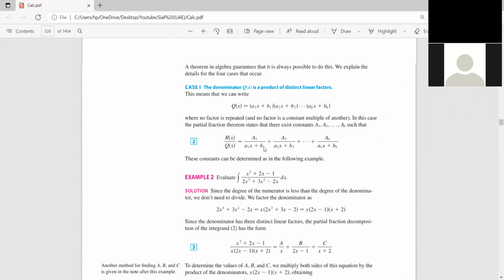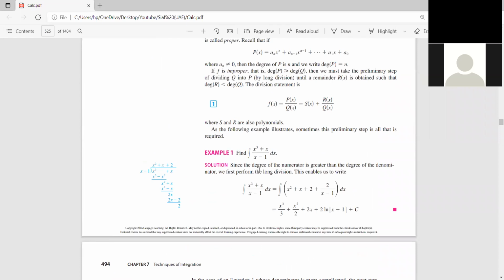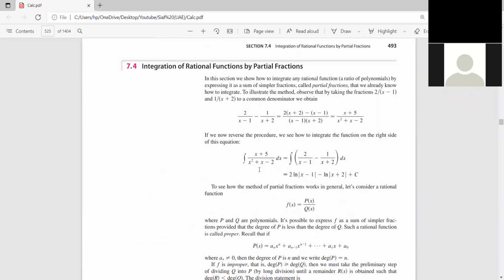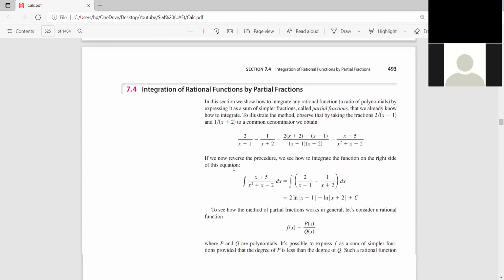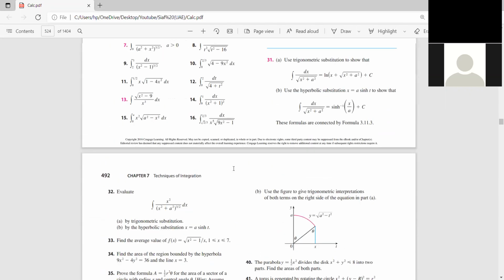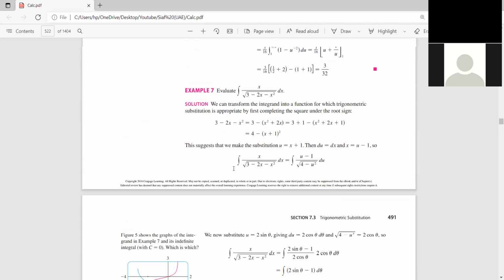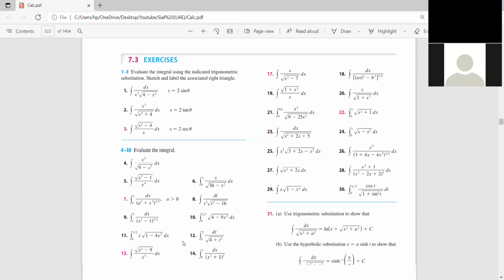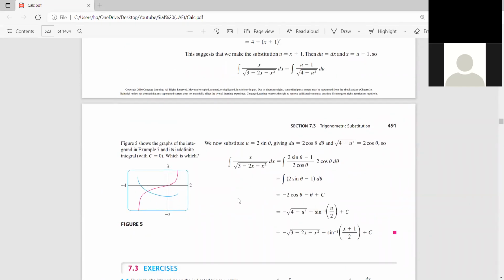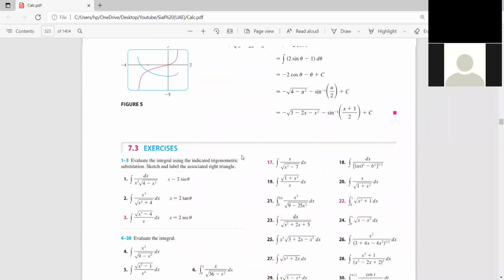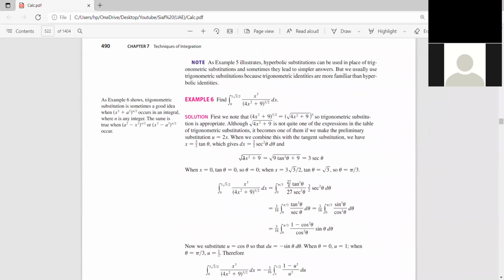I need to revise 7.4 before I can teach someone. I have studied the partial fractions, but not in terms of integration, so I need to learn first what it is. Okay, then today let's just solve 7.3. We can solve the exercise questions, which are not easy, because they require a lot of identities that, if we put them correctly, then we are going to solve it. If not, then it's going to be hectic. Yeah, it requires a lot of practice.